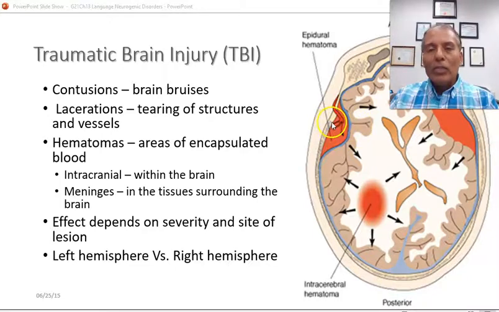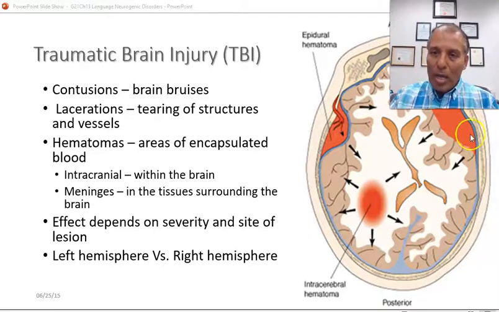That causes intracranial pressure. And in some cases, see that blue line, that is the three layers of the meninges. In some cases, the hemorrhage causes the hematomas to be below the dura, which means we call this subdural hematoma. And that is similar.